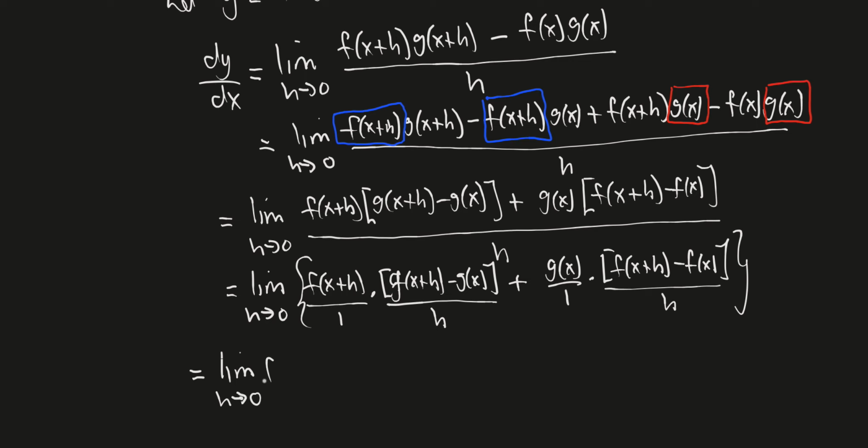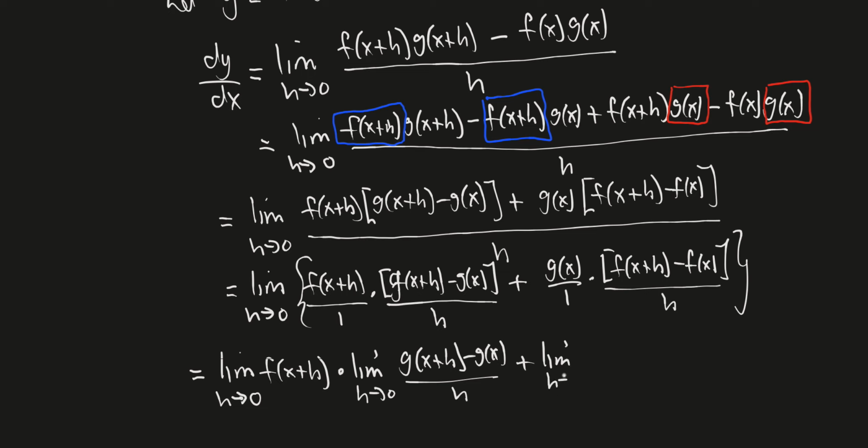So the limit of f of x plus h times the limit, as h approaches 0, of g of x plus h minus g of x all over h, and then plus the limit of g of x, and then times the limit of f of x plus h minus f of x all over h, right?